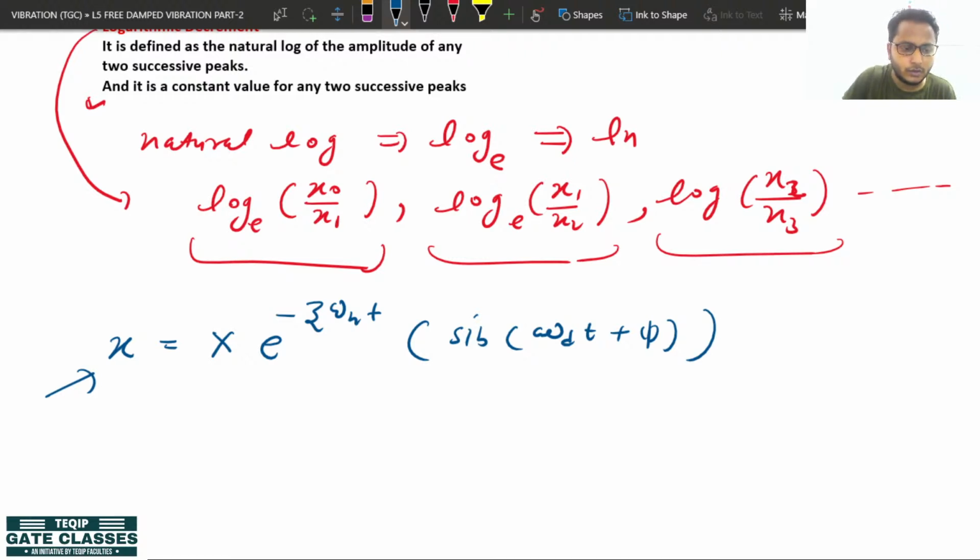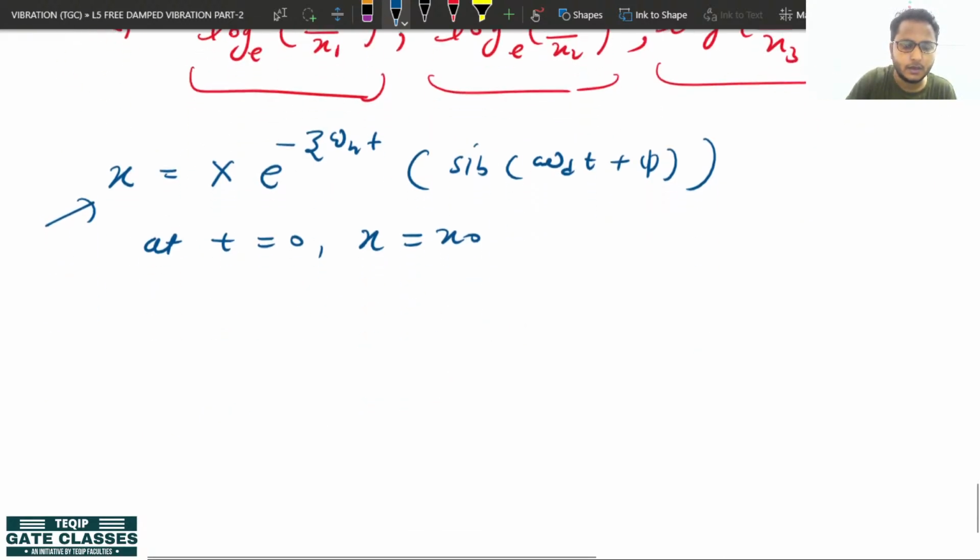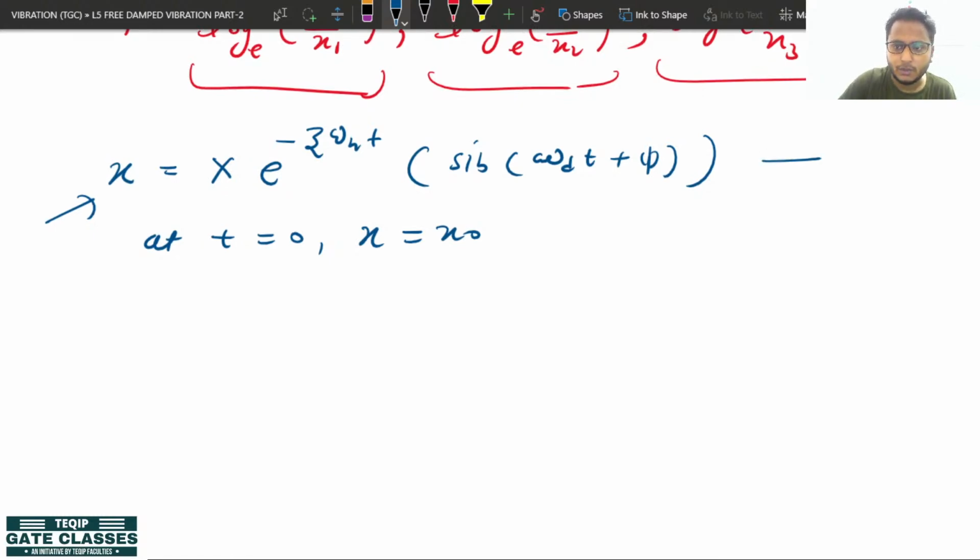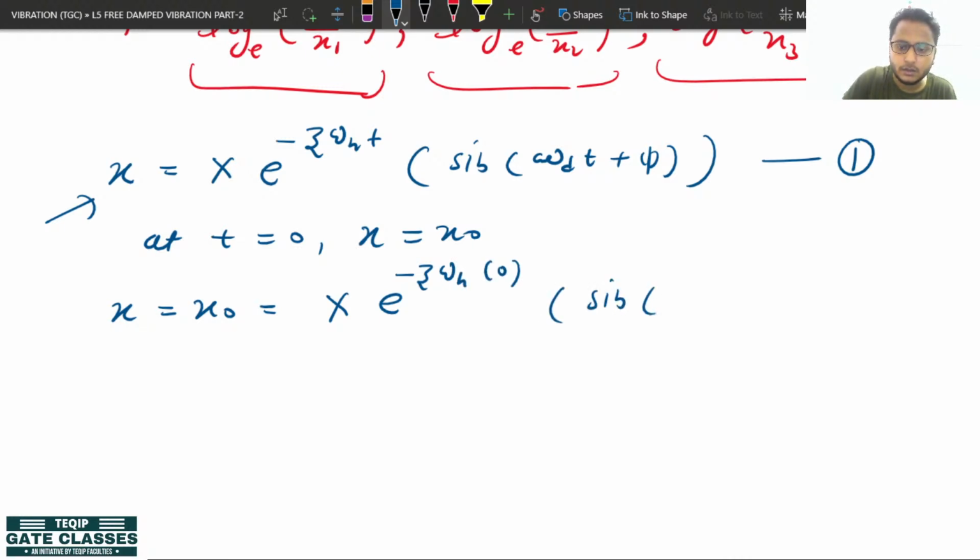So x naught we will get at t equals 0, where x becomes x naught, right? Putting t equals 0 in equation number 1, we get x equals x naught equals capital X exponential to the power minus zeta omega n into 0, times sine of omega d into 0 plus phi, right?